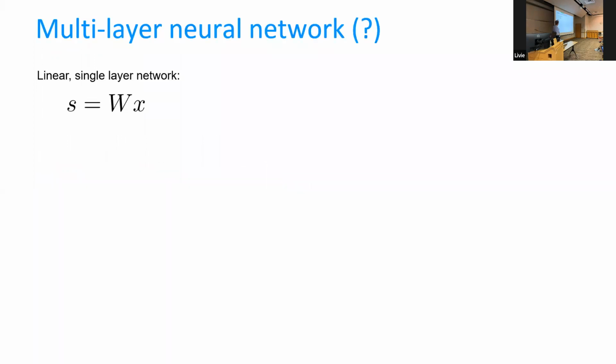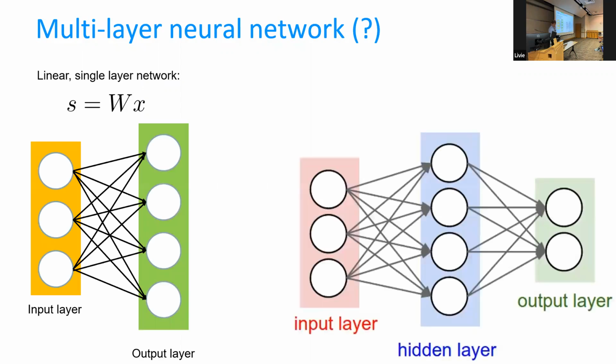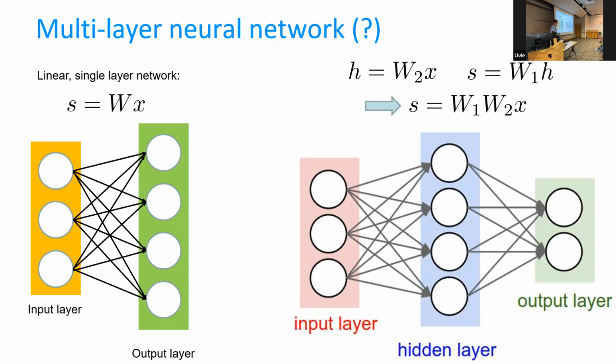Okay, so previously we've talked about a single layer neural network where we take our input vector X, multiply it by a weight matrix W, and get scores for each class. For a multi-layer neural network, we simply add a weight matrix, and that provides another layer. If you remember, the second dimension of the first matrix has to match the first dimension of the second matrix in order for those shapes to be compatible.